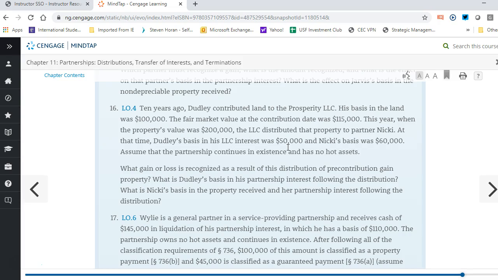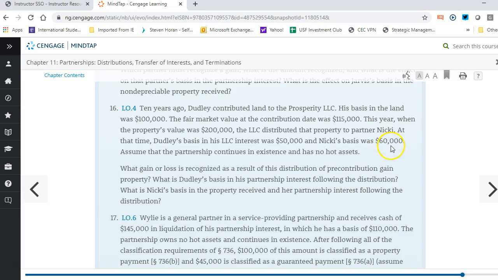And then the third part of that question is what is the basis in the property received in distribution and her partnership interest following the distribution? So she'll take a substituted basis in the property of $60,000. So that property basis will just get assigned from her partnership basis, and then her partnership interest is reduced by $60,000.